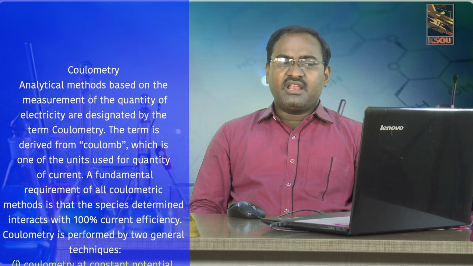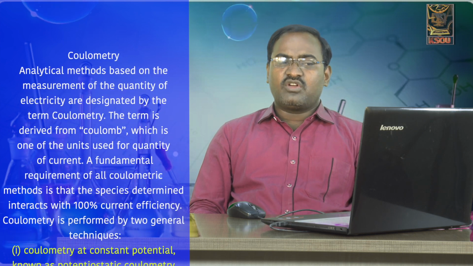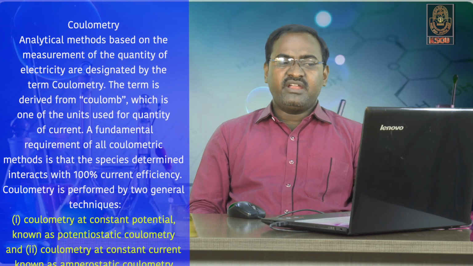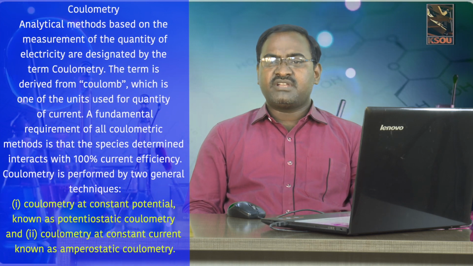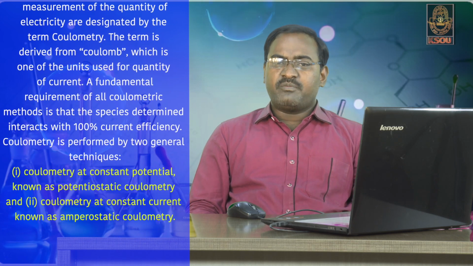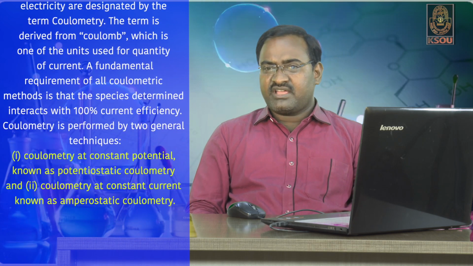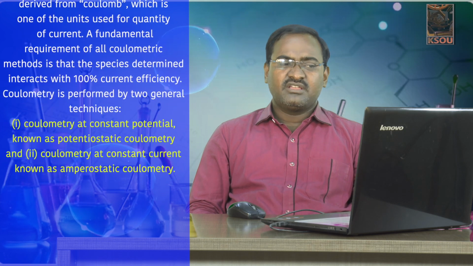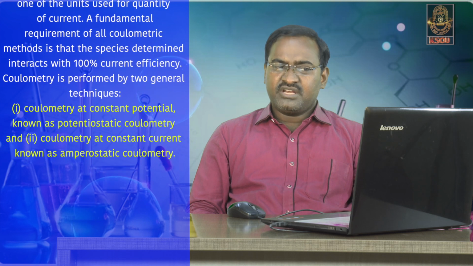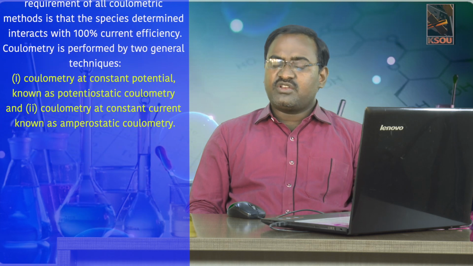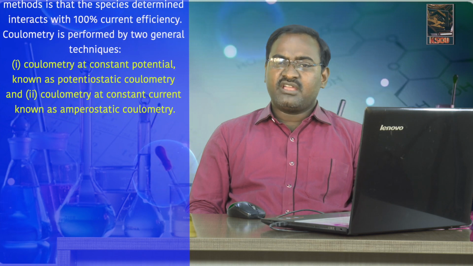A fundamental requirement of all coulometric methods is that the species determined interacts with 100% current efficiency. Coulometry is performed by two general techniques. Coulometry at constant potential is known as potentiostatic coulometry. The other, coulometry at constant current, is known as amperostatic coulometry.